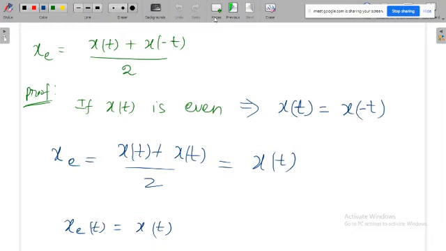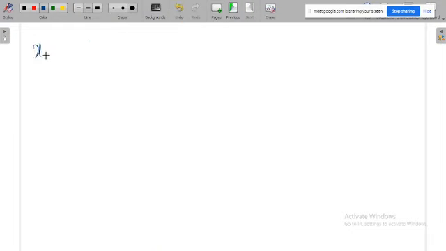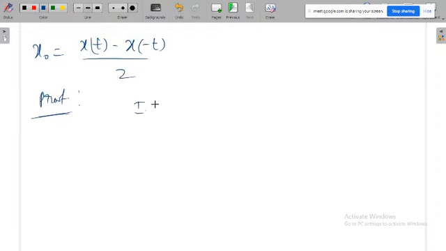So similarly we can prove it for the odd part of the signal also. x o of t is equal to x of t minus x of minus t, divided by 2. Then prove, suppose the given signal is odd. If x of t is odd, then what is the condition? x of minus t is equal to minus x of t.